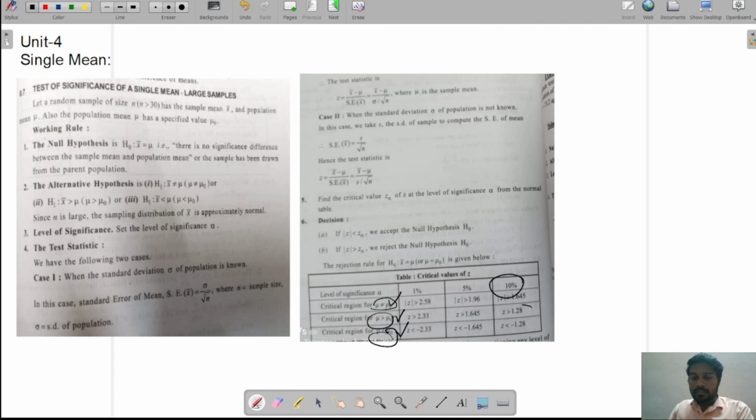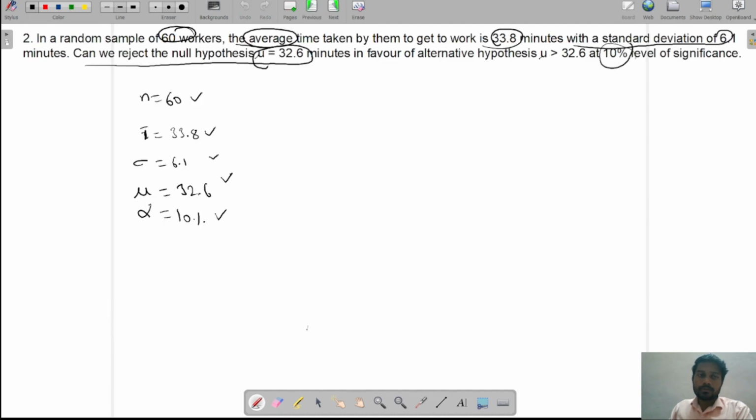We have to consider the value of greater than, because in the question he mentioned the alternative hypothesis as nu greater than nu naught. Yes or no? Right. So that is the reason I'm mentioning the alternative hypothesis as greater than. Then I'm taking the value of Z alpha also in terms of greater than only. Okay, right. So you can solve this question.